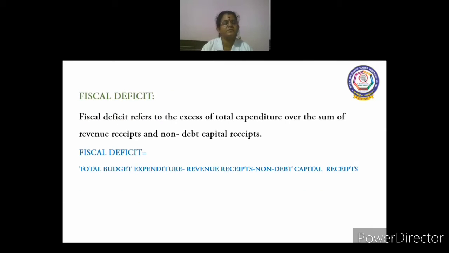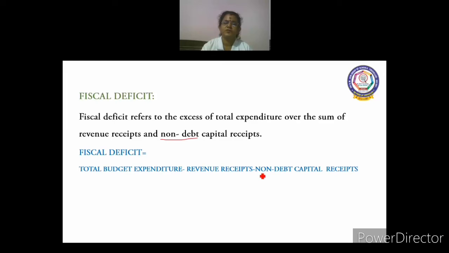The next is the fiscal deficit. Fiscal deficit refers to the excess of total expenditure over the sum of revenue receipts and non-debt capital receipts. Fiscal deficit is otherwise total budget expenditure minus revenue receipts minus non-debt capital receipts.